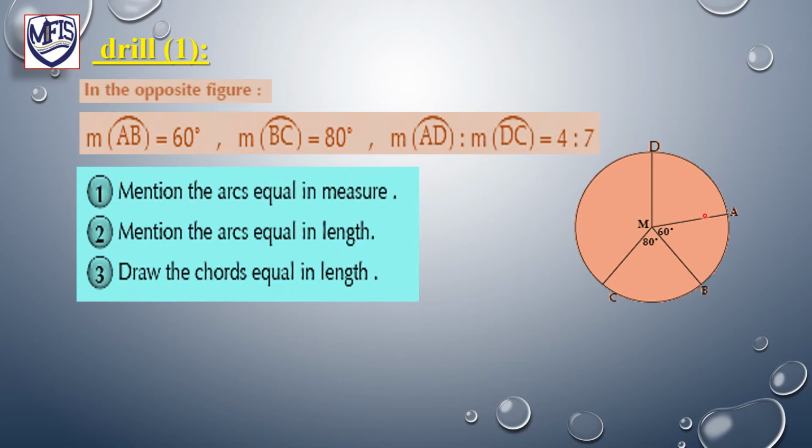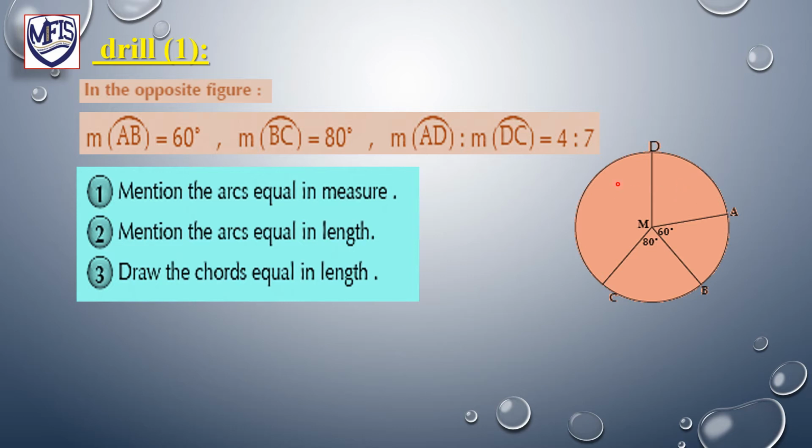Okay, so here I have measure arc AE equals 60 and measure arc EC equals 80, and the ratio between measure arc AD to arc DC equals 4 to 7.